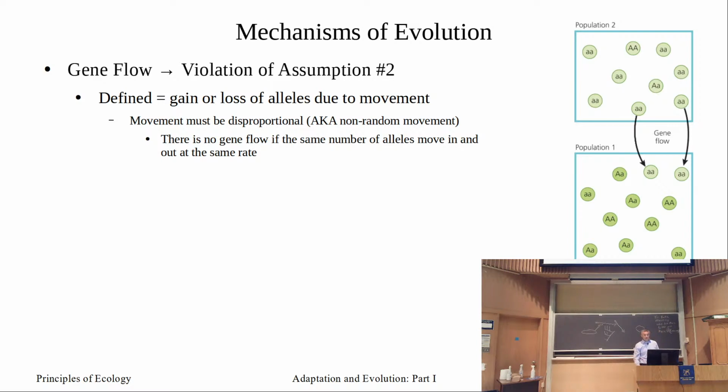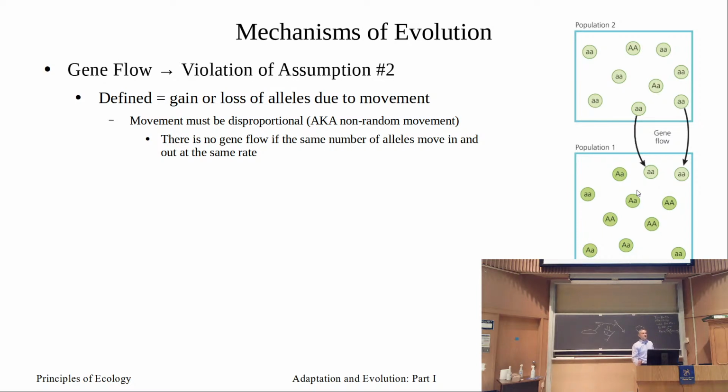So if we start with our population 1 with, let's say, 50% big A and 50% little a, all right, and we have migration and we lose, let's say, 25% of the big A. If we have 25% of big A coming back in, that's not gene flow. Basically, what we've lost is what we've gained. So our frequencies for this population, even though we had migration, the frequencies stayed the same from generation to generation.